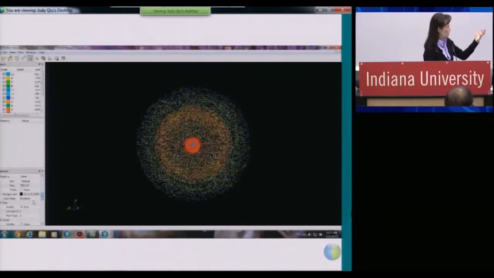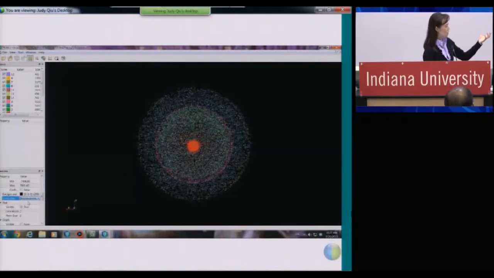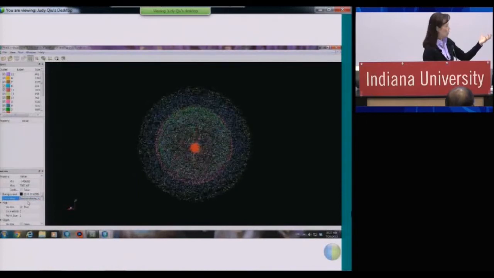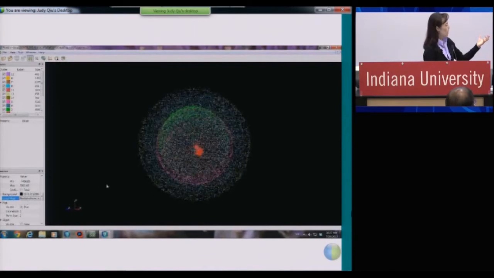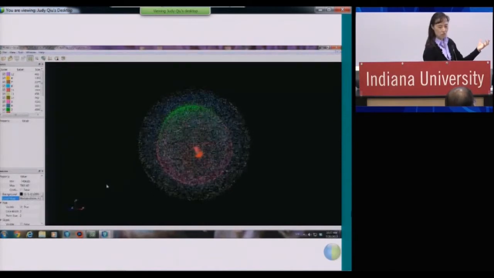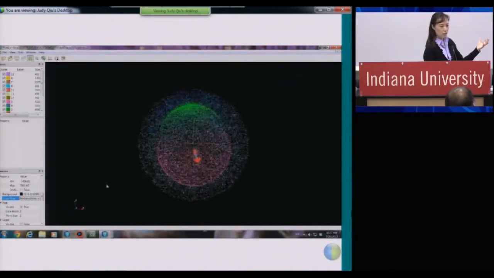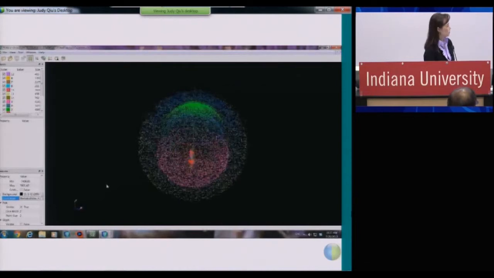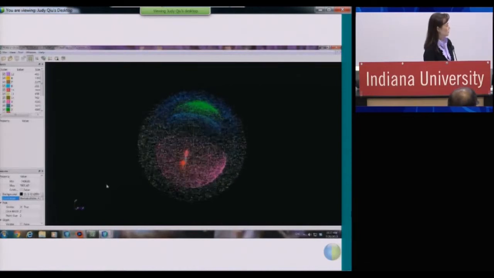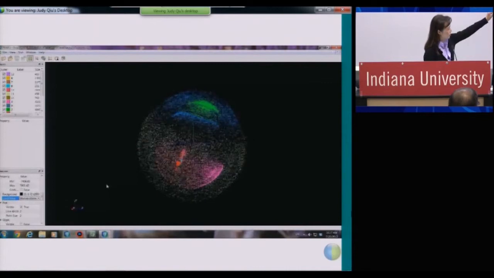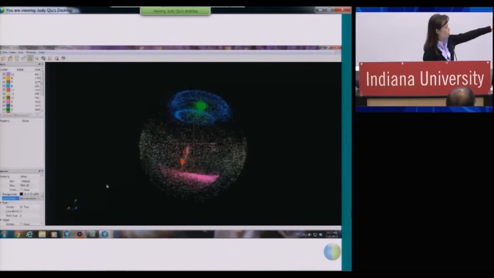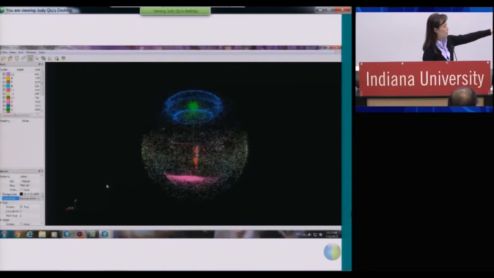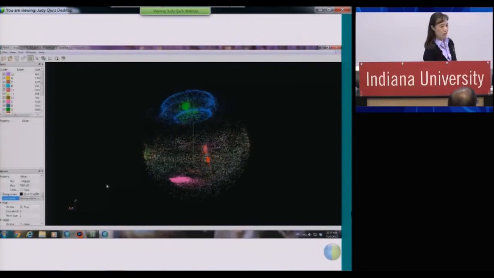With each iteration of refinement, you can see the data structure getting clearer and clearer. At the end of the iterations, you can clearly see clusters at different levels, colored with different colors. There are some green clusters, and the red clusters have very distinctive structures.